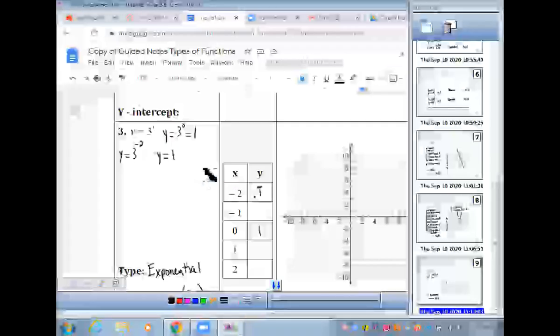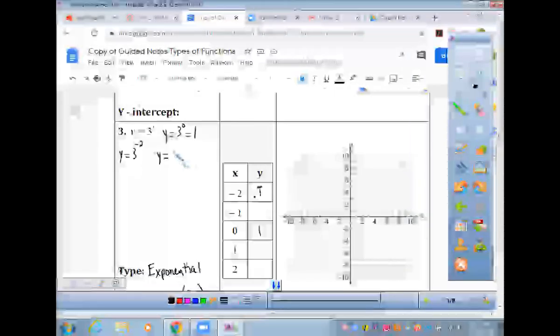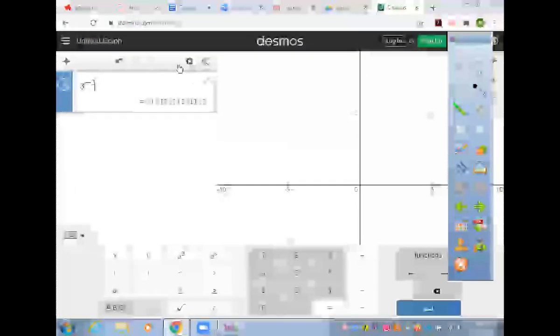Come on, there we go. Except it wasn't supposed to be like that. It's supposed to be a 3 to the -1. All right, so I'll do the same thing. I'm gonna go in Desmos calculator here.